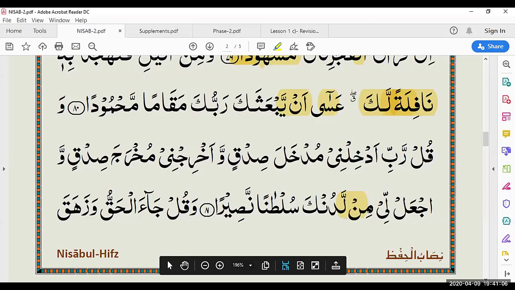Okay, no problem. So when do you think we have idgham kamil? It's when you don't pronounce the noon at all. Yes, that's right. Idgham kamil is complete assimilation where you don't pronounce the noon. You just go straight into lam. But how do you know if it's idgham kamil or idgham naqis?